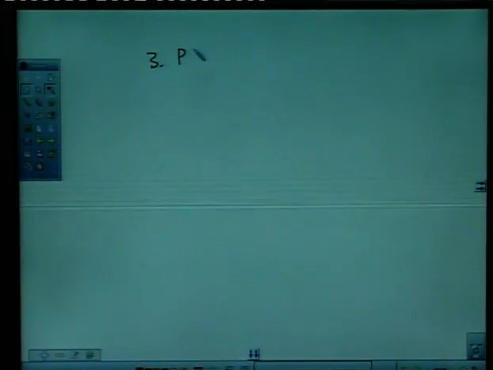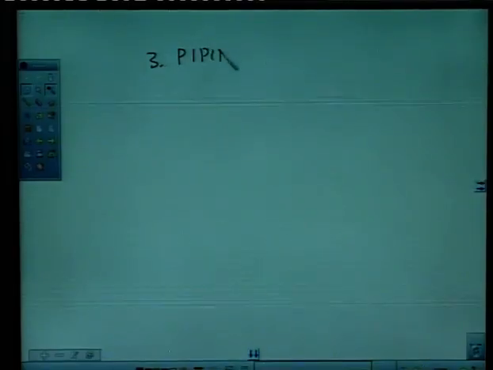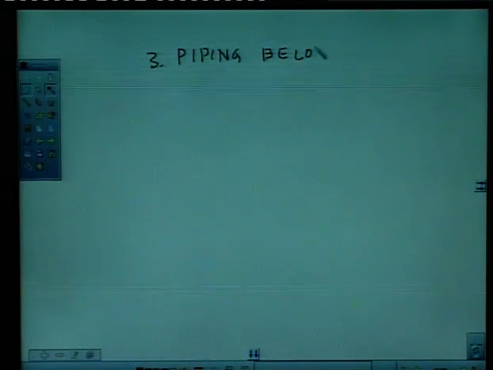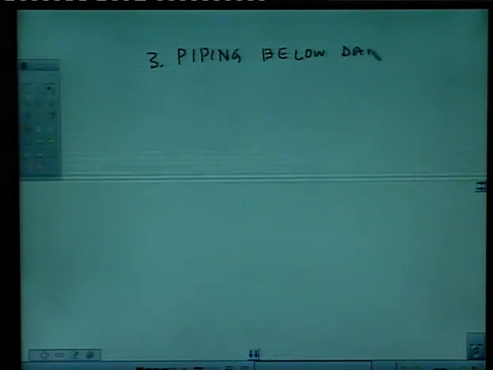Then there should be no possibility of piping below the dam. So, piping below dam section.